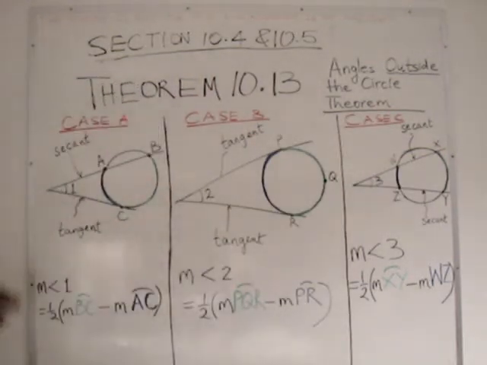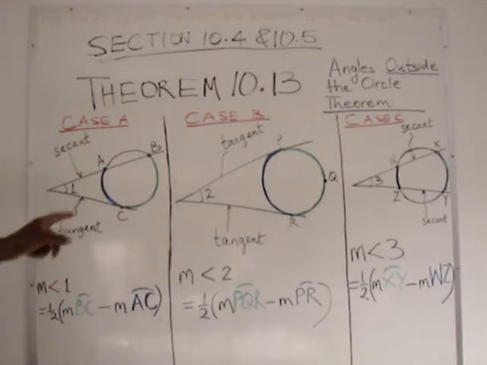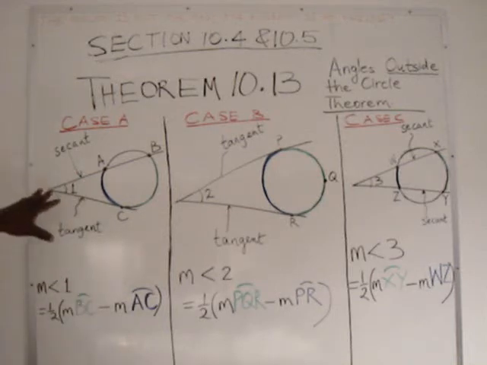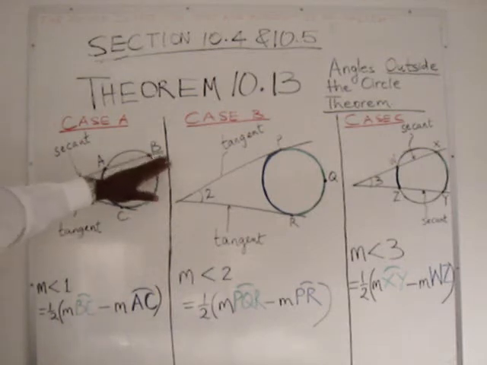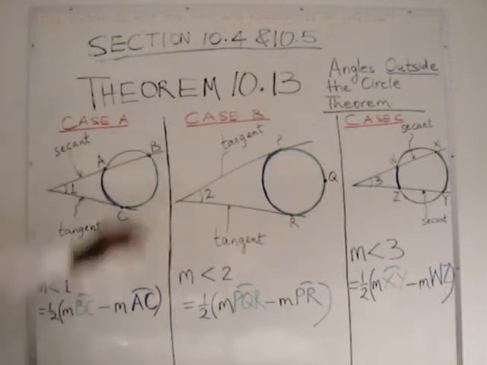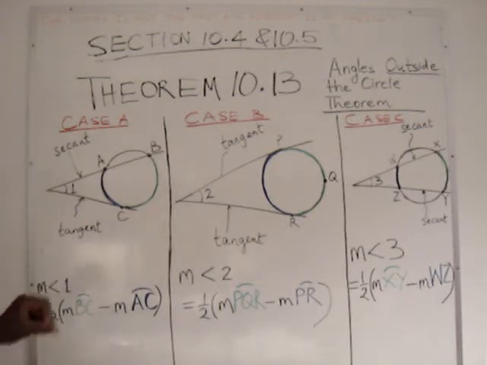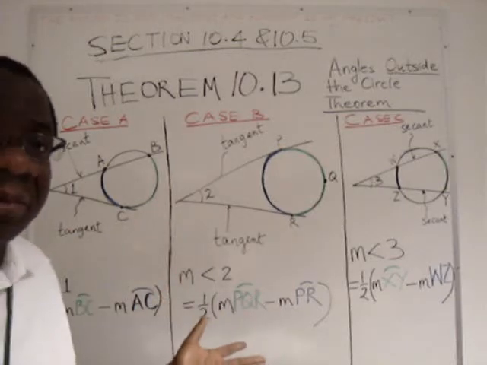The reason there are three different cases is because the line segments that produce the angle can either be a secant, meaning, you know what a secant is? Something that actually cuts through the circle in two places. That is, a secant contains a chord, for example.